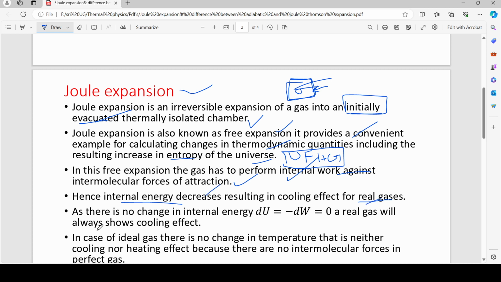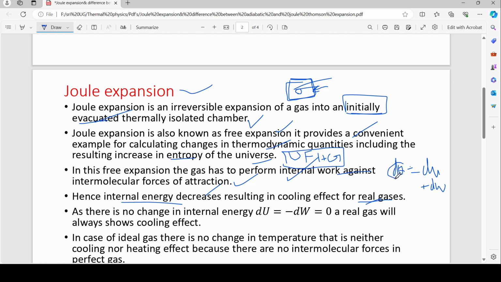It decreases. As there is no change in internal energy, dU = -dW = 0. How did we get this? We got this from the first law of thermodynamics, that is dQ = dU + dW.